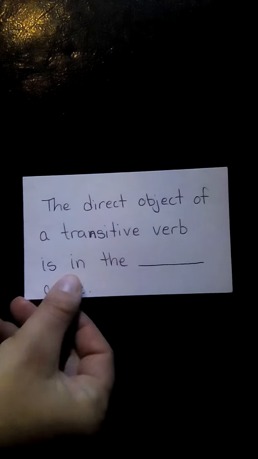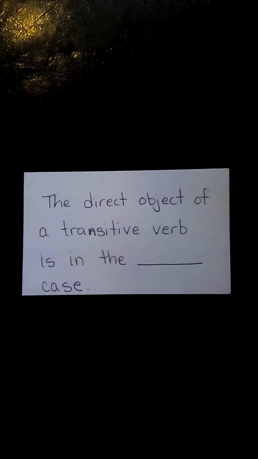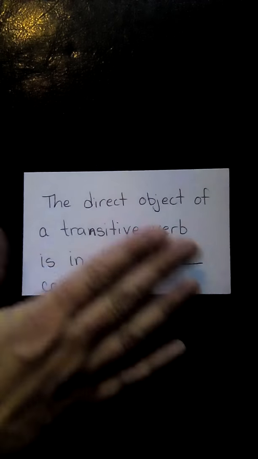All right. The direct object of a transitive verb is in the what case? So what case is the direct object in? Flipping it over, accusative. A little reference here to page 13.